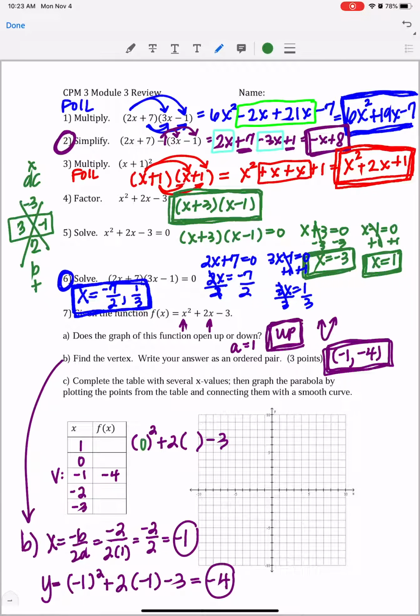You're doing 0 squared plus 2 times 0 minus 3. Negative 2 in parentheses squared plus 2 times negative 2 minus 3. And negative 3 in parentheses squared plus 2 times negative 3 minus 3. Okay, you're taking these here and plugging them in to both of these x's.